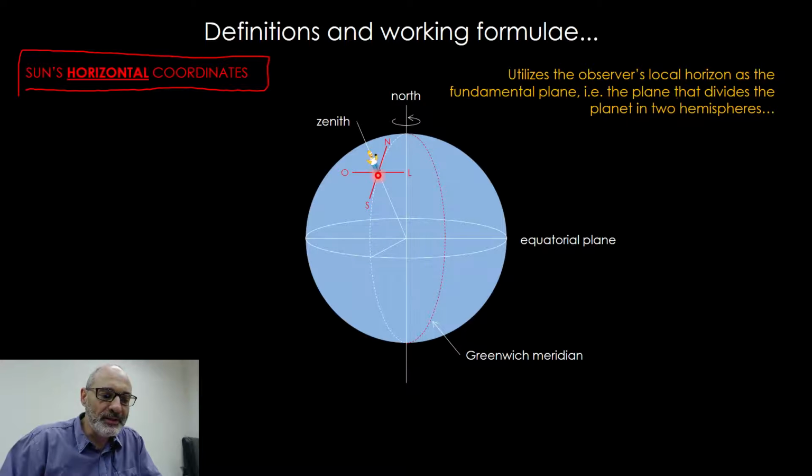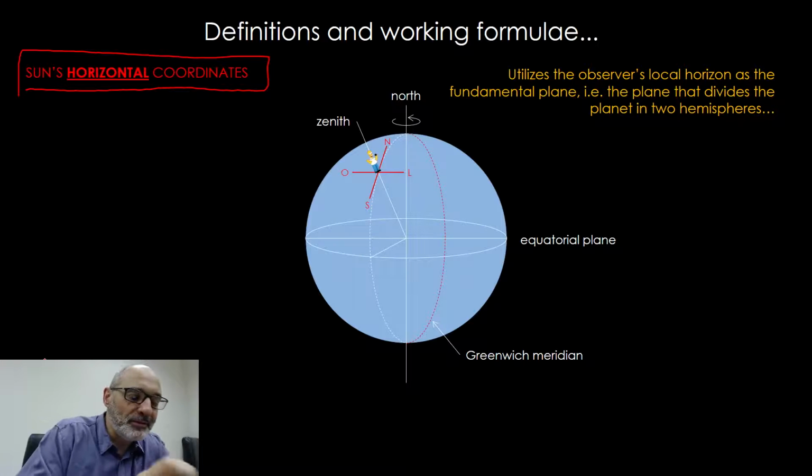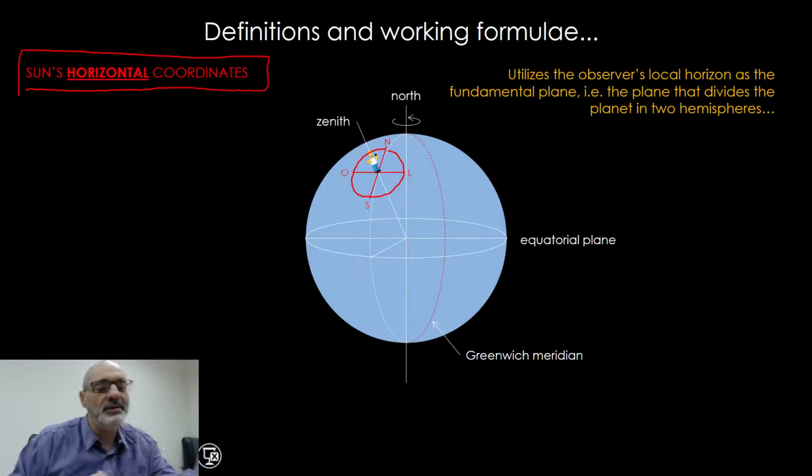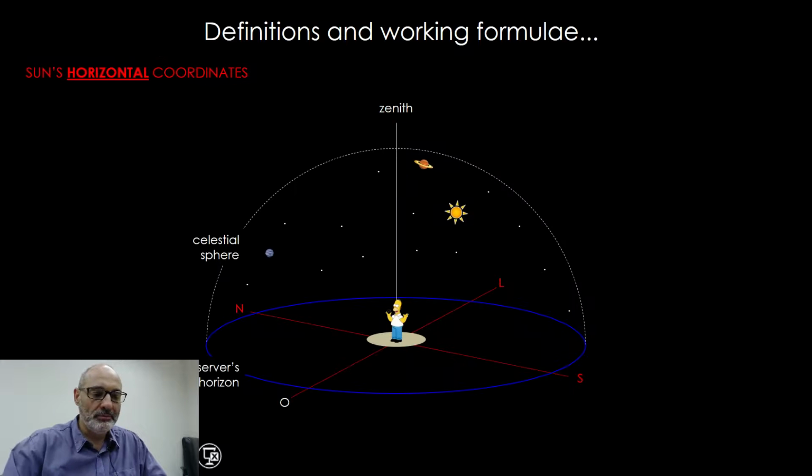This fundamental plane is the plane tangent to the Earth's surface, passing by the observer here, north, south, east, west. So his local horizon, if I am allowed to draw it, would be something here. This is our observer's local horizon, and we're going to build a set of coordinates for the sun in the local system.